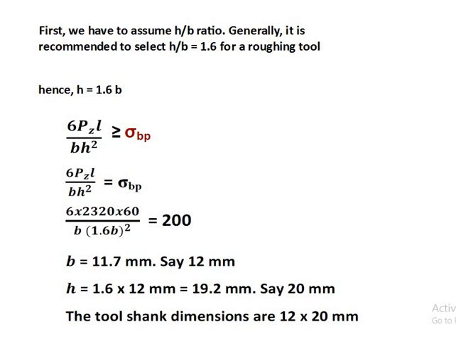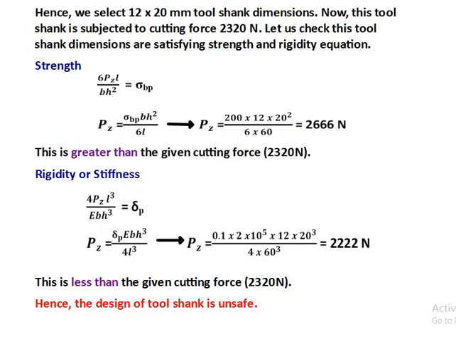are satisfying the conditions based on strength and rigidity or stiffness, let us discuss. Now the tool shank is subjected to cutting force 2320 Newton. Let us check whether these tool shank dimensions satisfy the strength and rigidity equations. This is the strength equation.